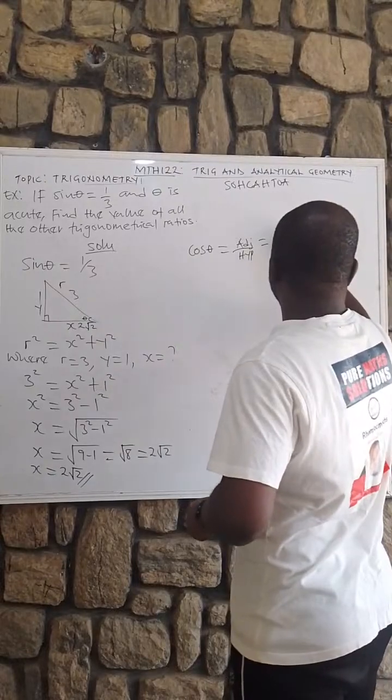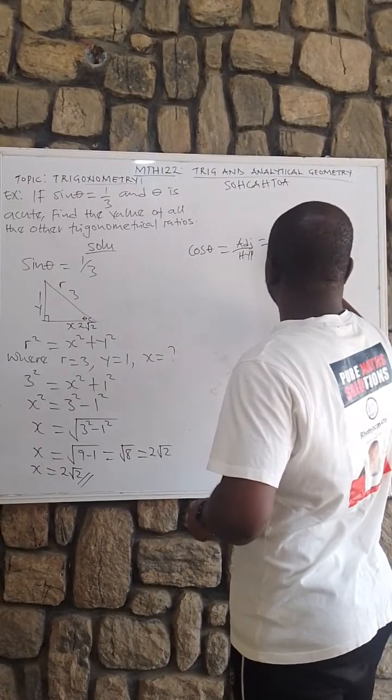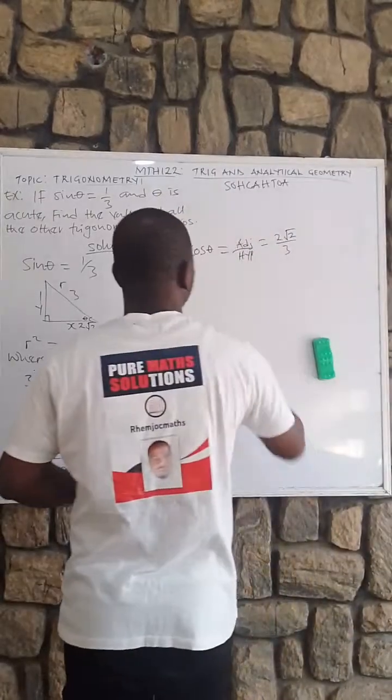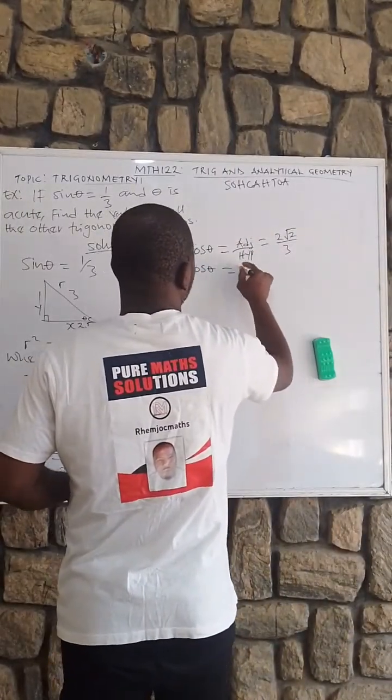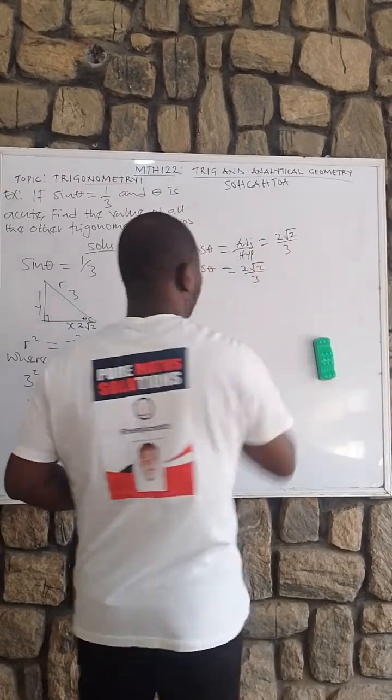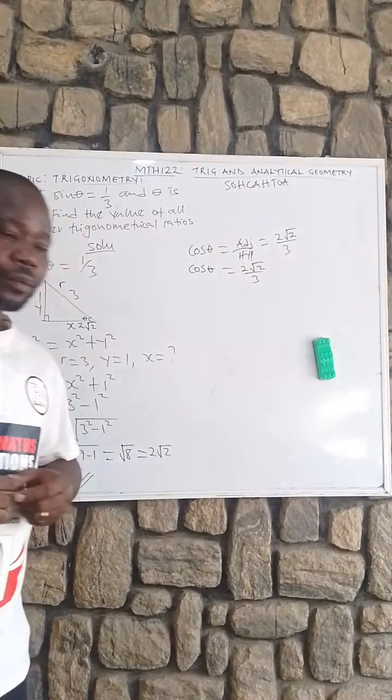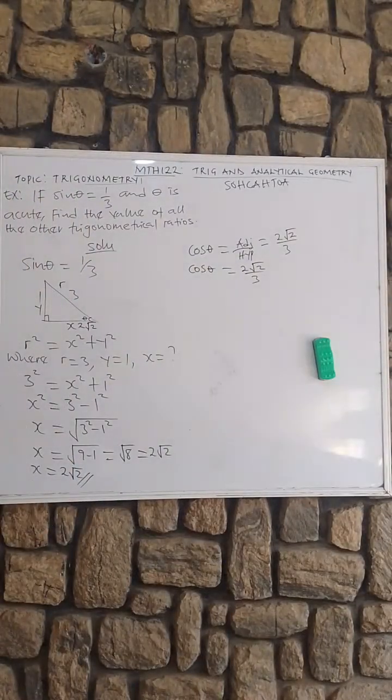Adjacent is 2 root 2 all over 3. It means our cos theta is equal to 2 root 2 all over 3. Do you understand? Are you following?